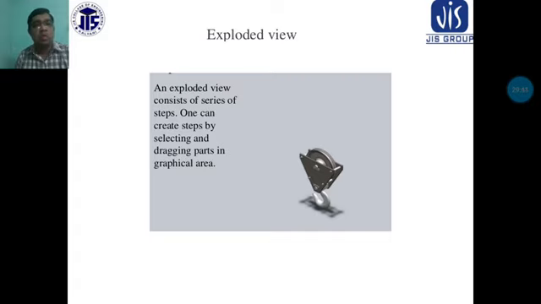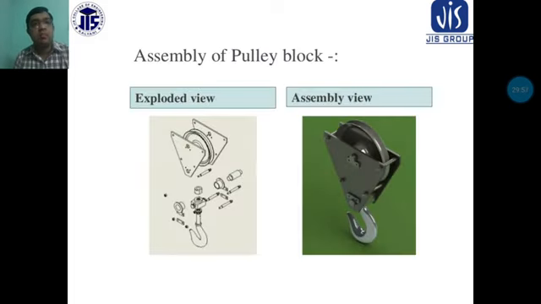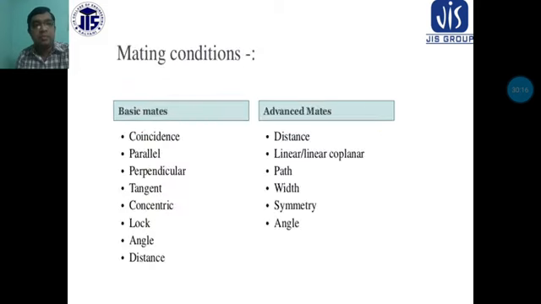We can see the hook in this figure, and this is the assembly of the pulley block. In the exploded view, the different components of the pulley are shown. And in the assembly view, it is fully assembled, the different nuts and bolts are joined, and here is the fully assembled view.